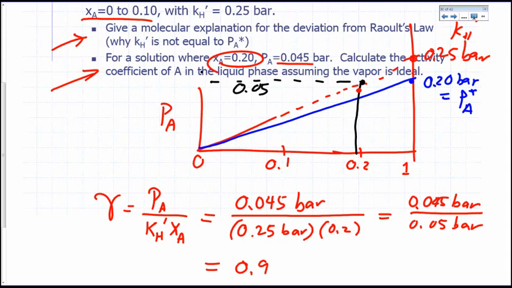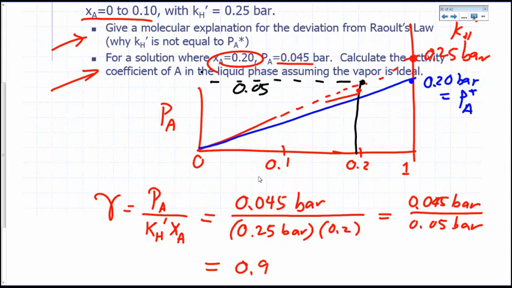Okay, so you see the actual vapor pressure is lower than what you would predict from Henry's law. So we say the solution in this case is not an ideal dilute solution. It deviates from Henry's law. So that's the activity coefficient if you're going to use Henry's law as your standard state, KH prime. Okay, pure A with a fictitious vapor pressure of 0.25 bar as your standard state.